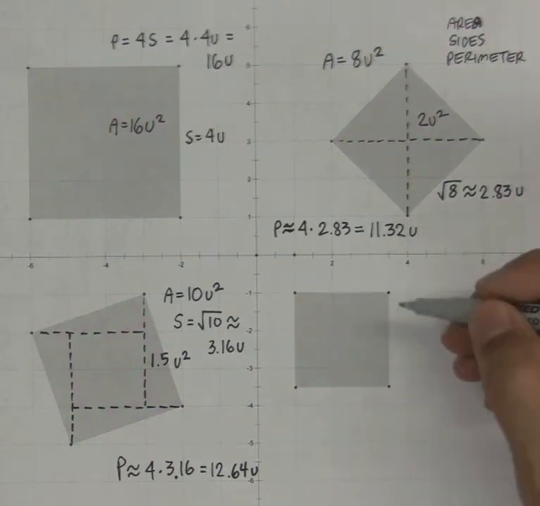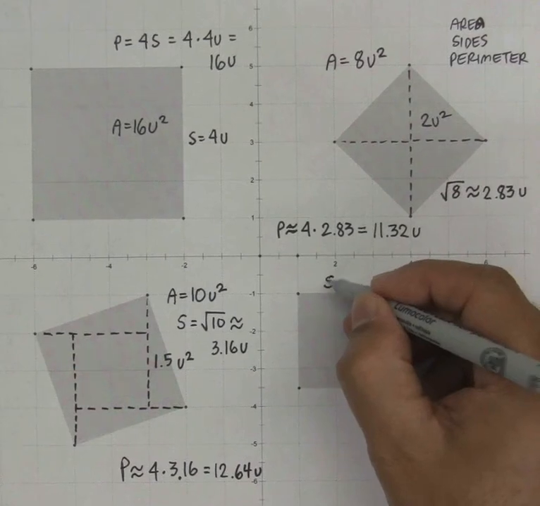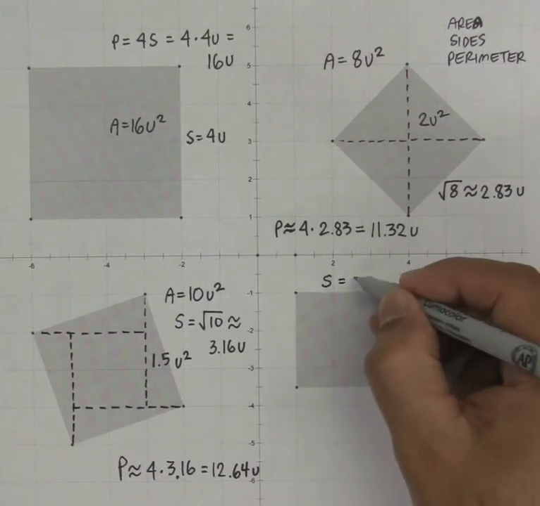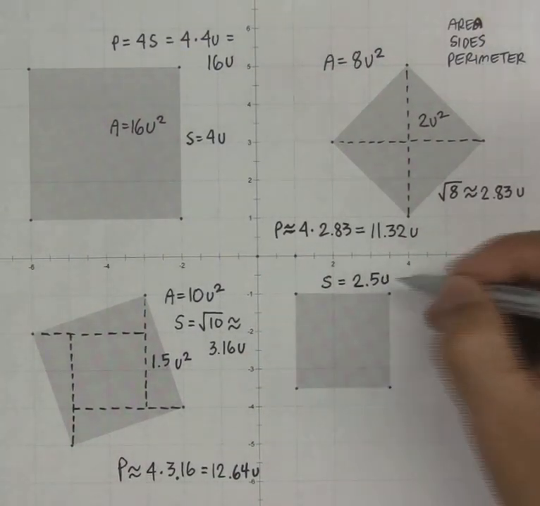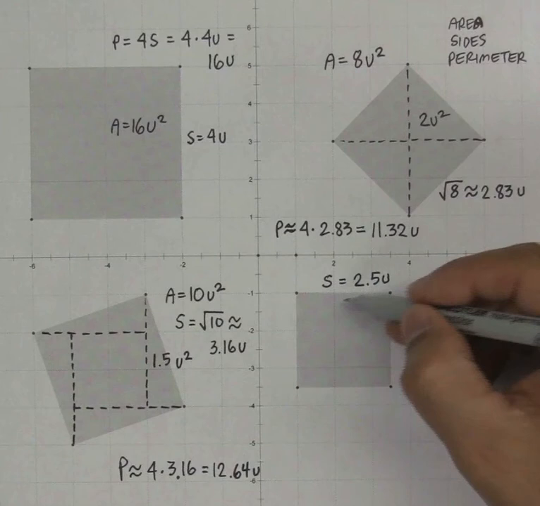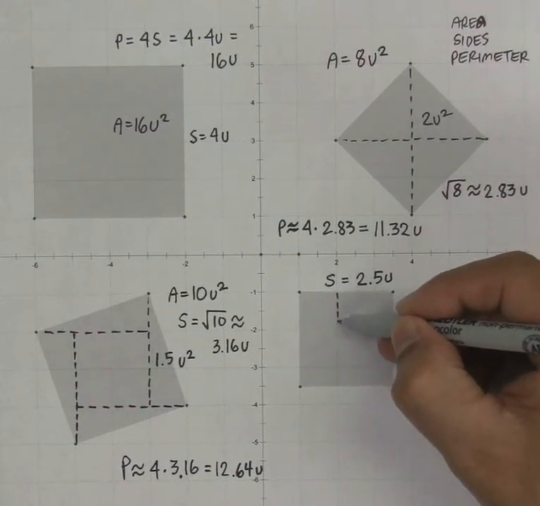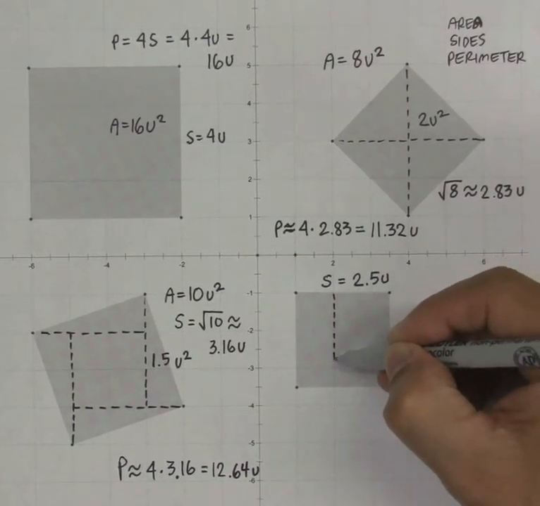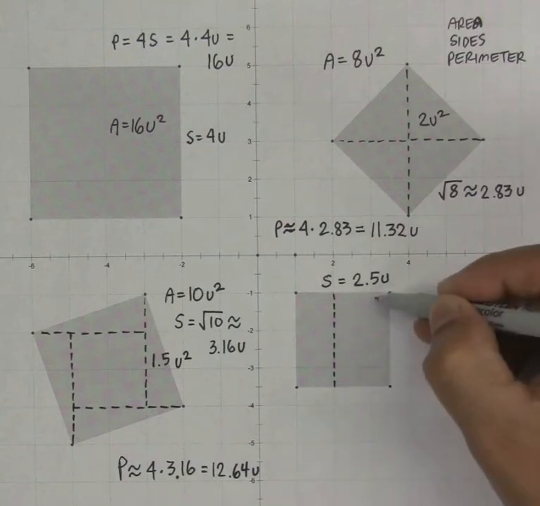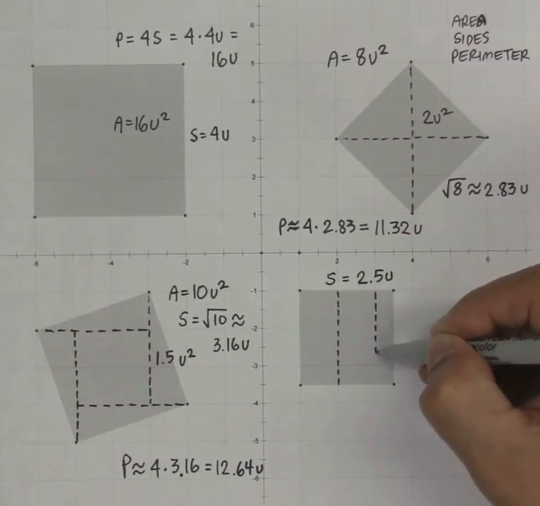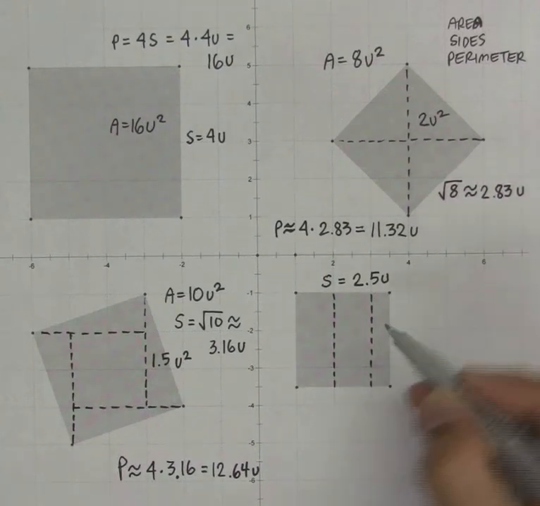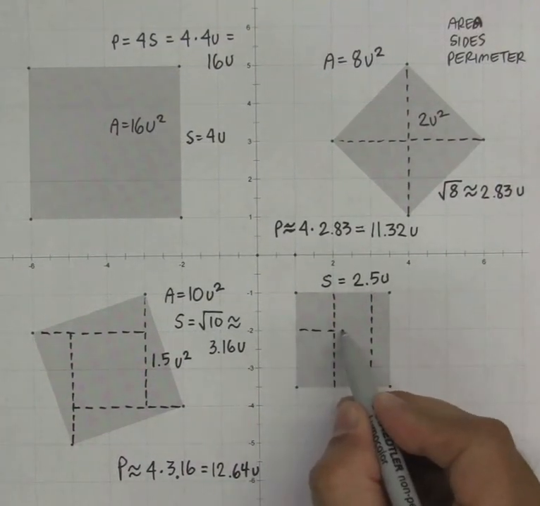In this fourth square, the sides of this square are 2.5 units. Just to practice, I'm going to find the area of this square by inspection, meaning I'm going to count how many square units it has.